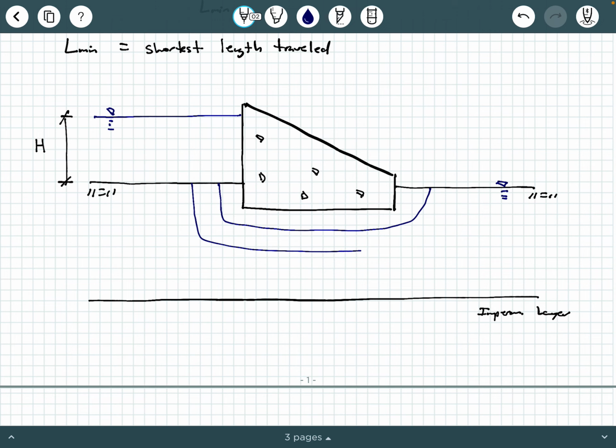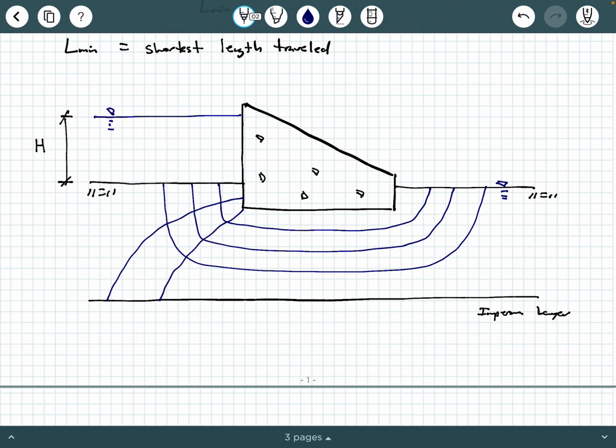If you remember, these are called flow lines. And then we're going to have equipotential lines that look something like this. Okay, something like that, nice flow net.